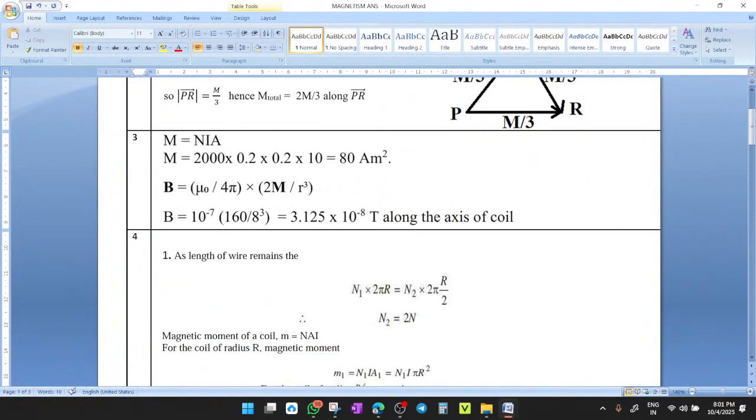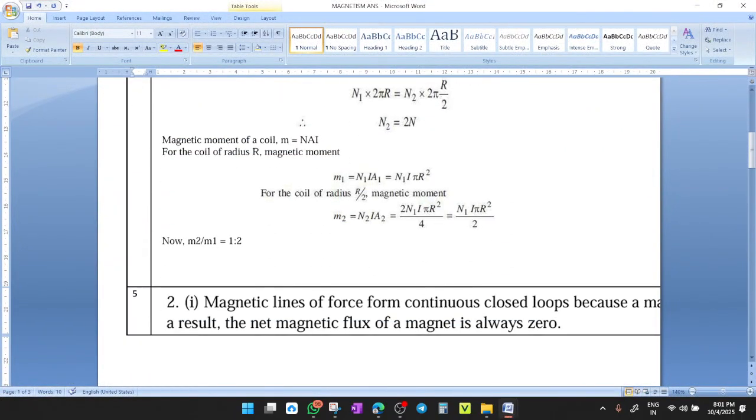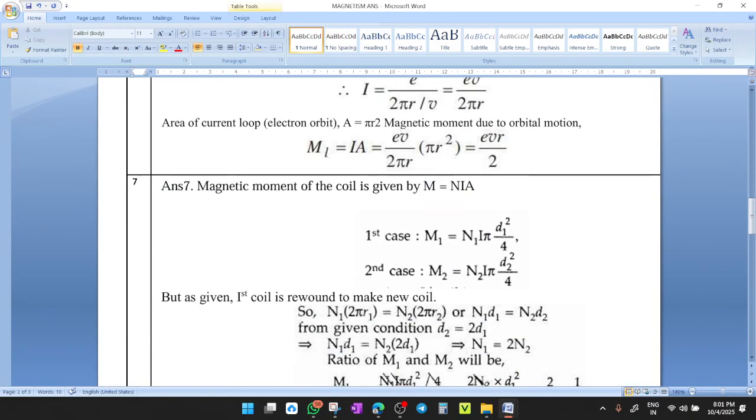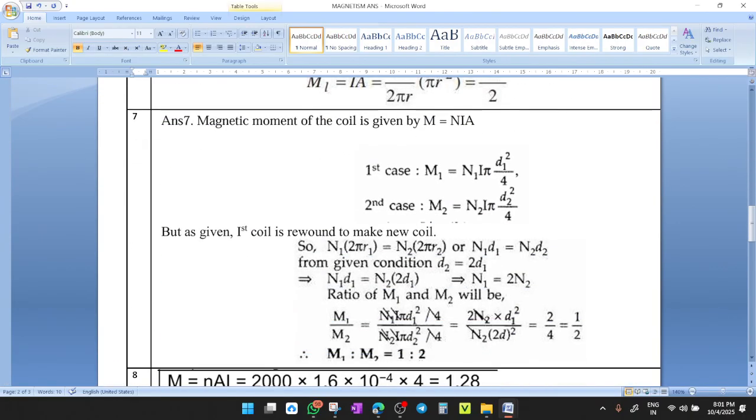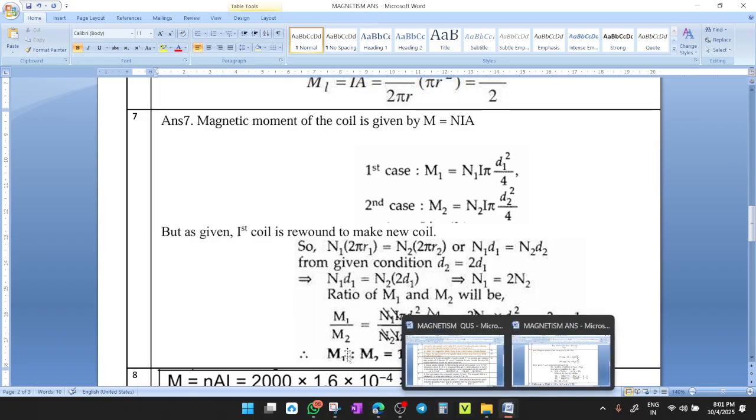Question number 7. In the first case, the magnetic moment of the coil is given by M equals NIA. Clear? Now, M1 equals number of turns N1, I is the current, and radius equals diameter divided by 2, so it will become d by 2 whole square.